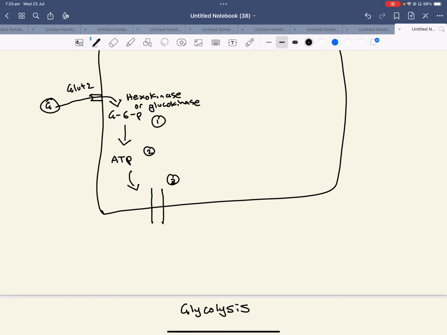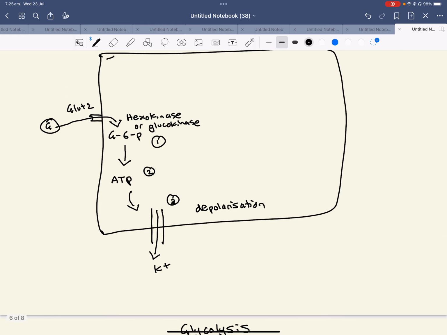It opens potassium channels that release potassium outside of the cell. And when you take potassium, a positive charge, outside the cell, you're depolarizing the cell. So depolarization.